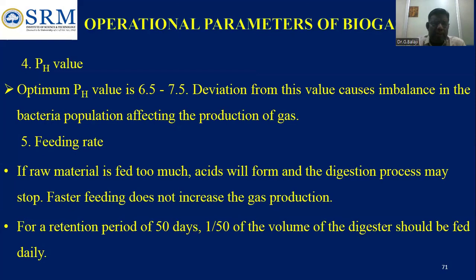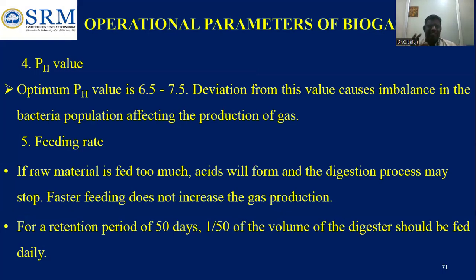Next, the pH value. The optimum pH is between 6.5 and 7.5. Deviation from this value causes imbalance in the bacteria population, affecting the production of biogas. So we also have to ensure that the pH is within the range. Okay, feeding rate.